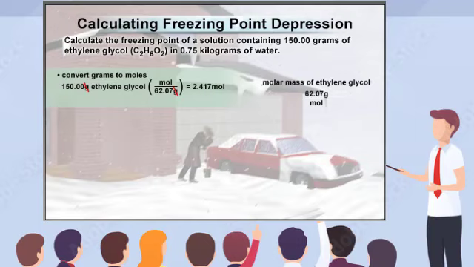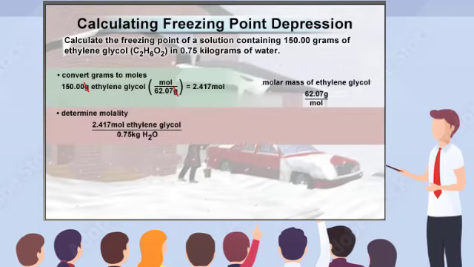Because the amount of solvent is already given in kilograms, just divide the number of moles of ethylene glycol by the number of kilograms of water. Dividing 2.417 moles by 0.75 kilograms of water gives a molality of 3.2 moles of solute per kilogram of solvent.